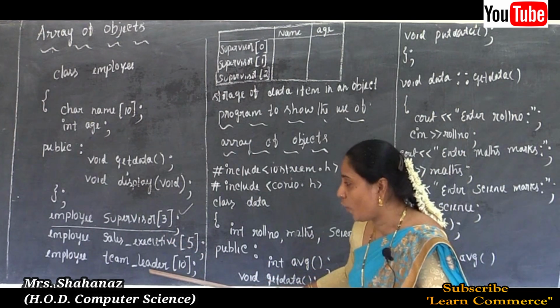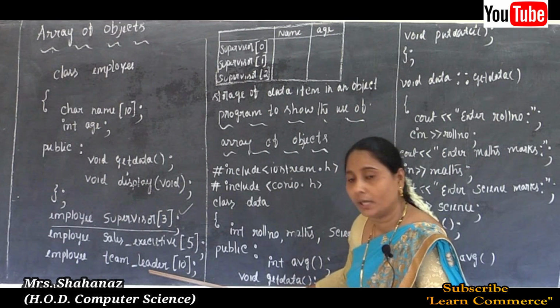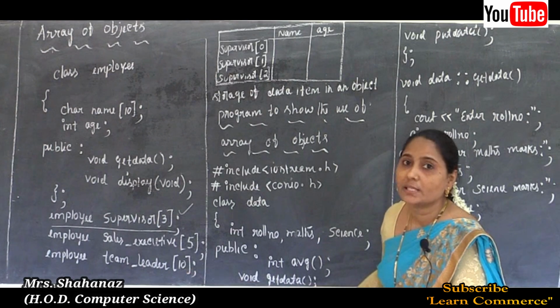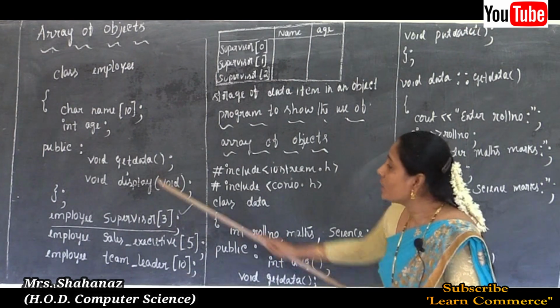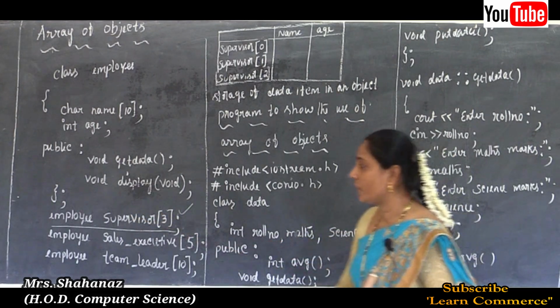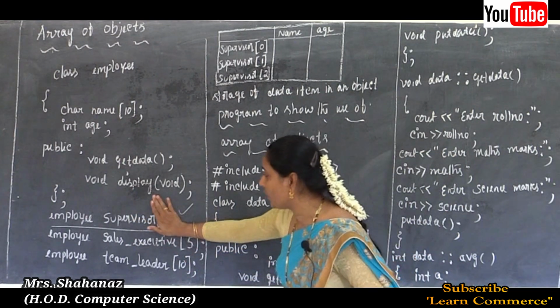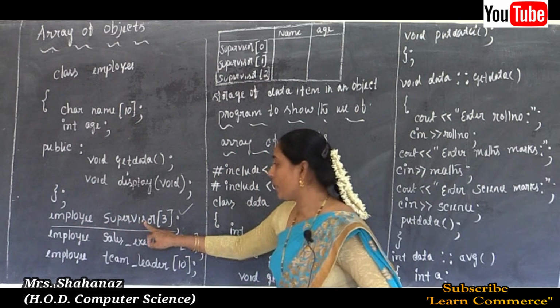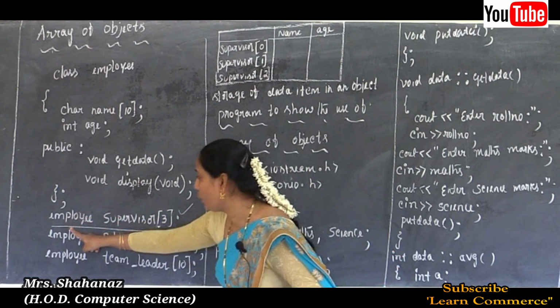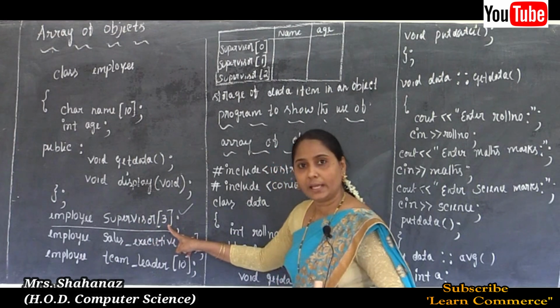The last one, the array of objects team leader, contains total objects from 0 to 9. So this is the example of the array of objects. If it is not an array of objects, it is employee supervisor, semicolon. If it is an array of objects, it is employee supervisor of 3. Clear this one?